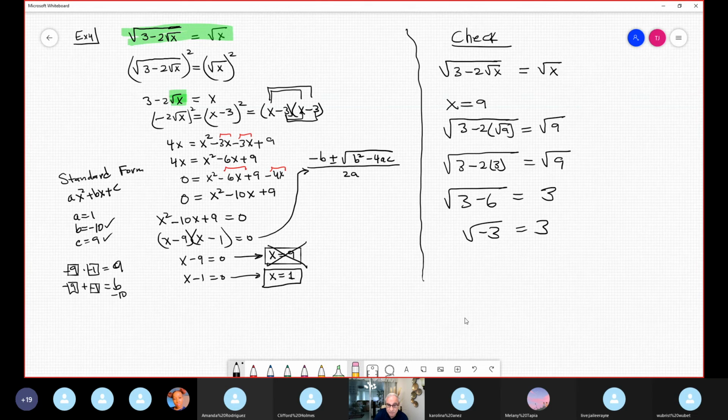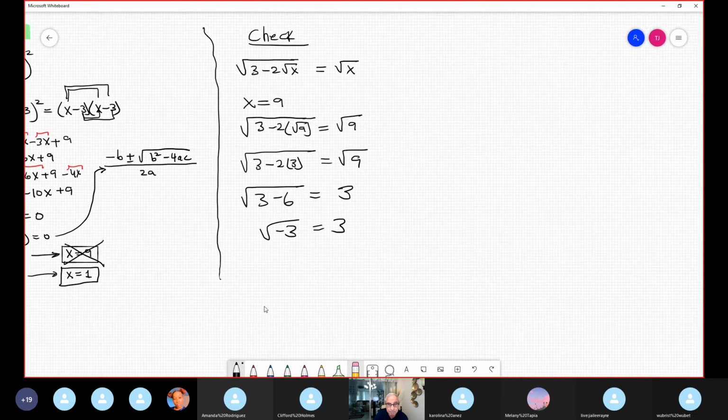Let me try with the 1. X equal 1 into original. Square root of 3 minus 2 times radical 1 should be equal radical 1. Okay, this is 3 minus radical 1 is 1, and 1 times 2 is 2. And radical 1 is 1, and 3 minus 2 is 1.